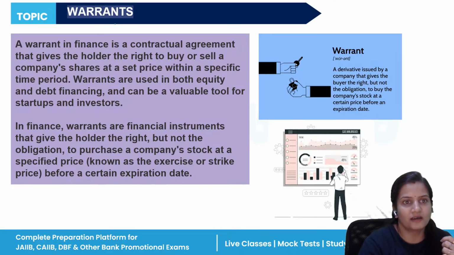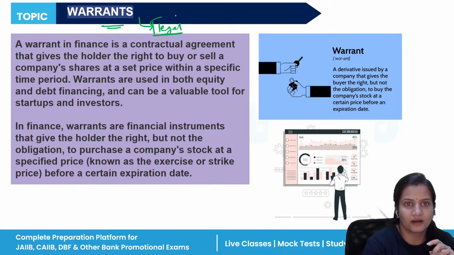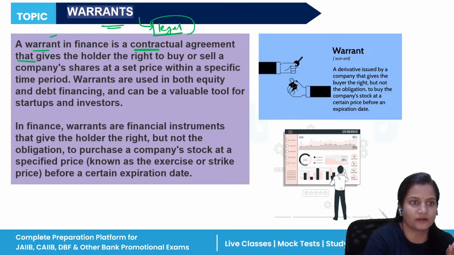So what are warrants? Warrants are basically a contractual, a legal agreement. Contractual agreement means a contract has been made between two parties, and those who are holding the warrant are known as warrant holders.